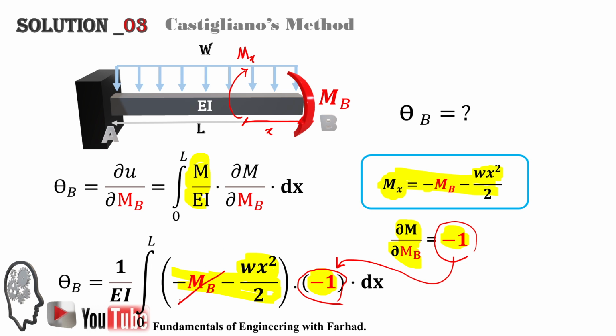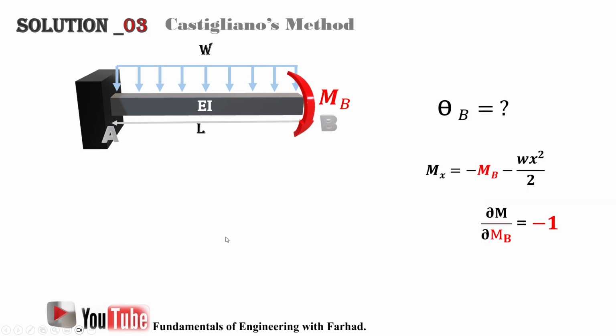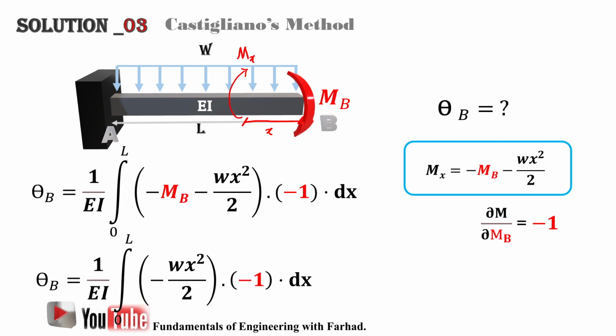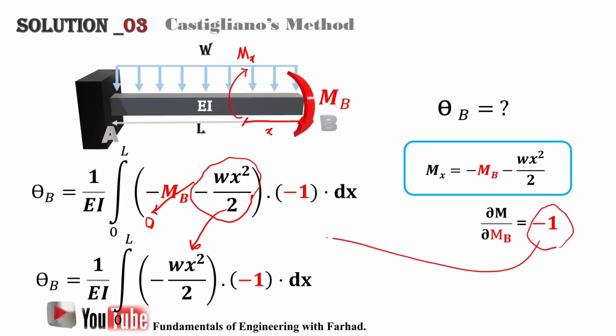And be careful, there is no mb. This is a virtual moment. So in reality, we didn't have any one, so we need to equalize that to 0. And then if you do the math, if you replace mb with 0, this part transfers to the moment part, and this part comes from the derivative of m over mb.